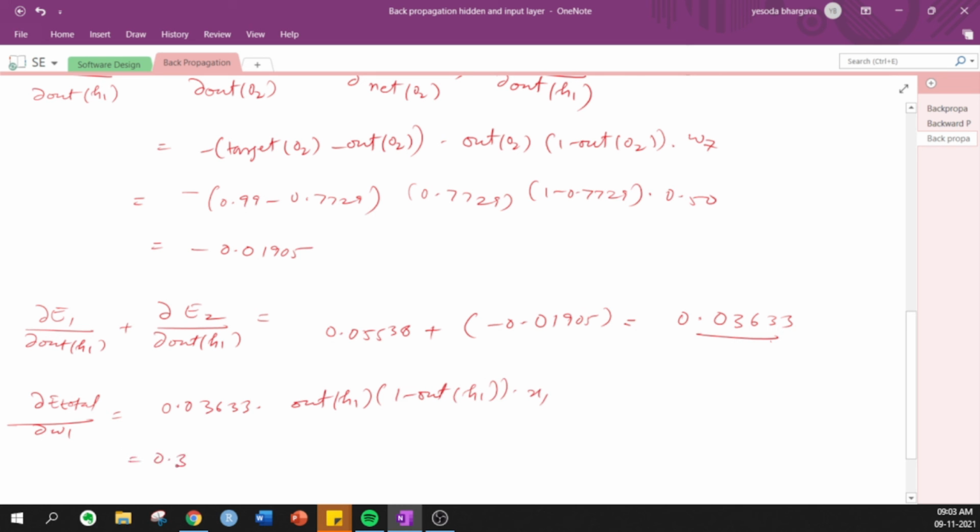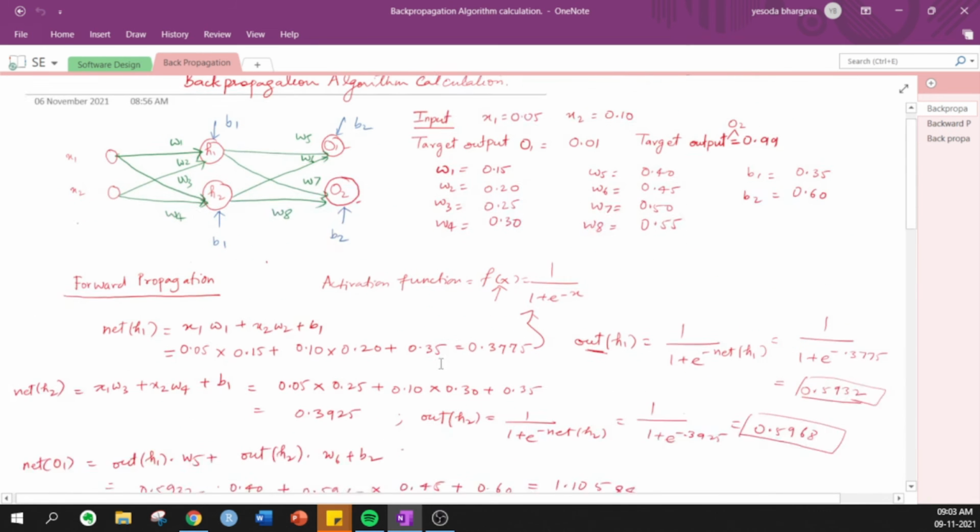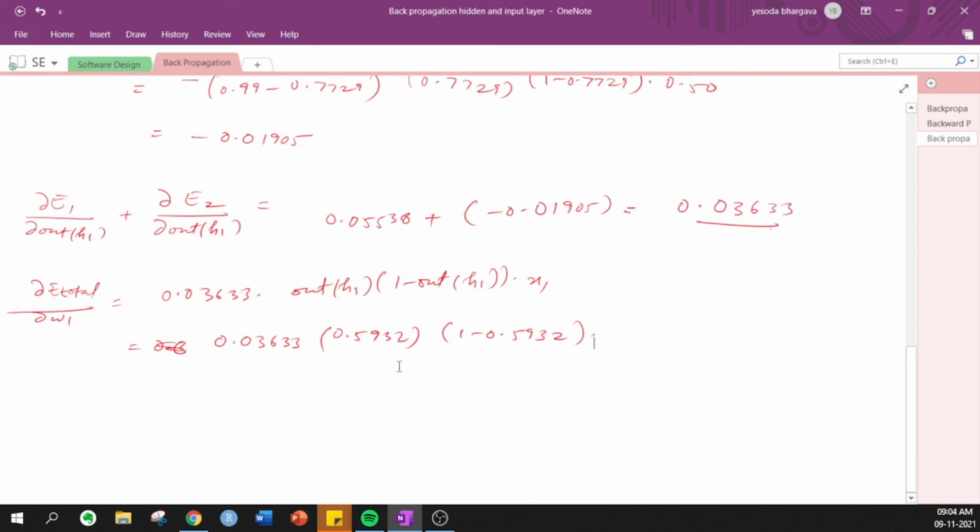When we compute this, 0.03633, output of h1 is 0.5932, and x1 is 0.05. So this value comes out to be 2.19 into 10 to the power minus 4.